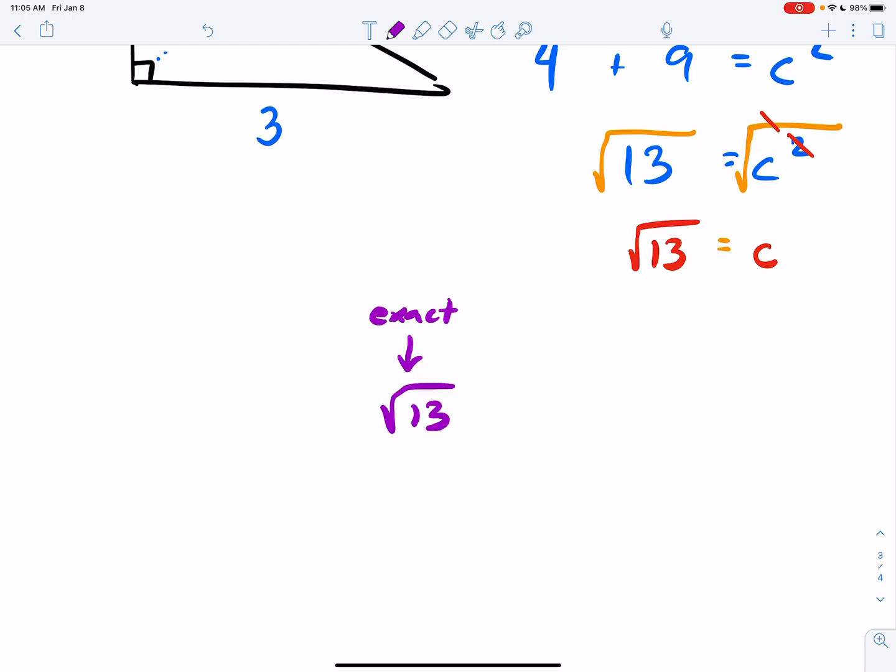If they asked you to approximate or to round, you would have to punch this into your calculator, okay? And if you have a calculator, that's great. If not, you can use the calculator provided on Delta Math. But what you would be doing is typing out the square root of 13. Let me go ahead and do that with you guys.